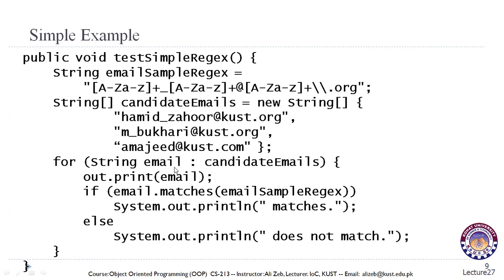We go through the array of email IDs one by one and check if any of the email IDs match this pattern that we have defined. If it does, we print it matches, and if it does not, we print that it does not match.